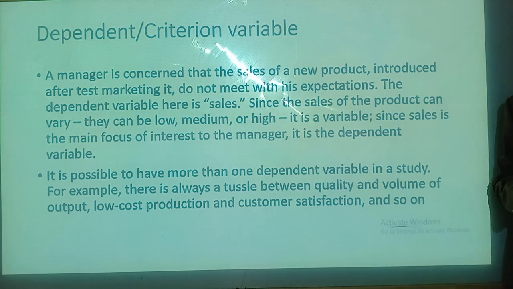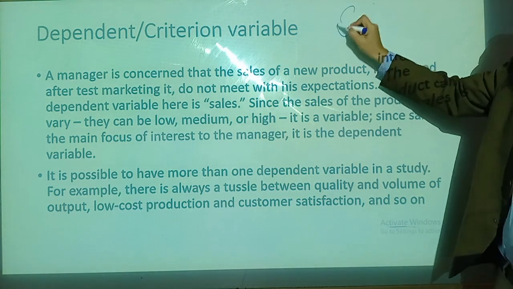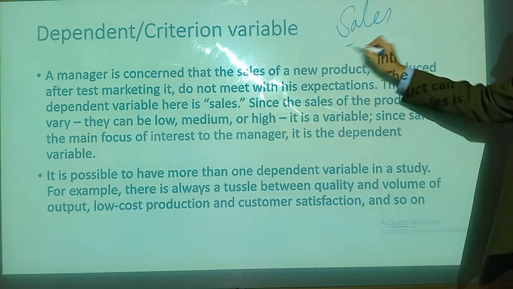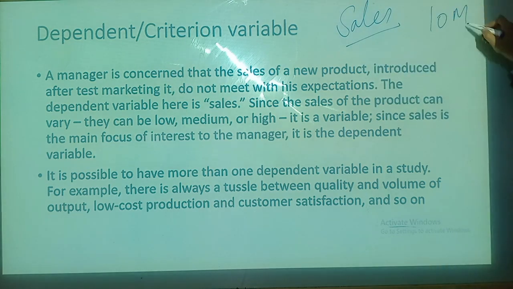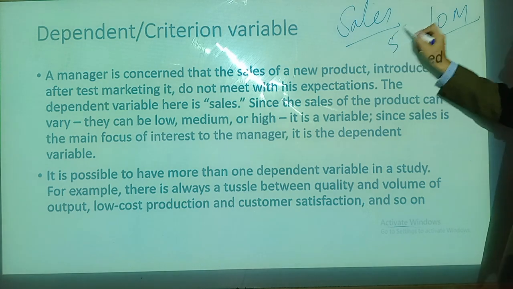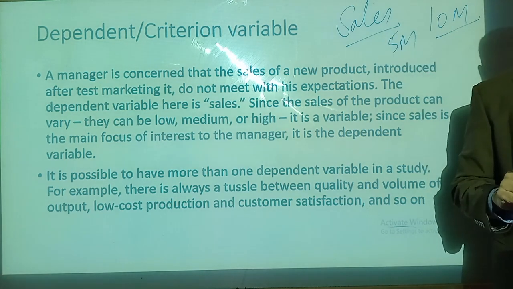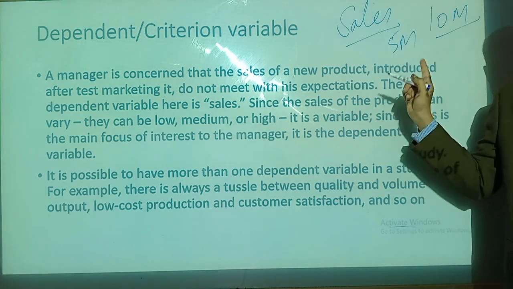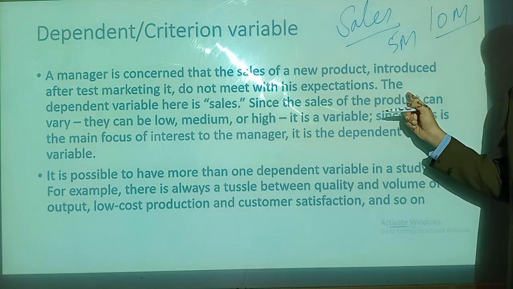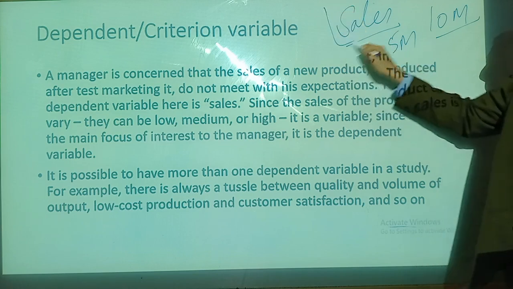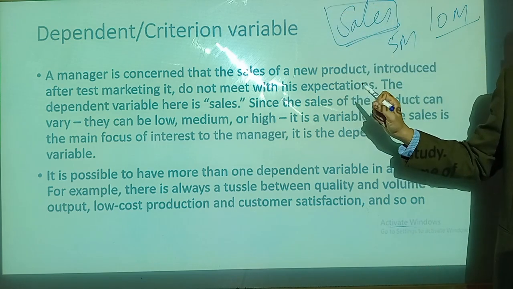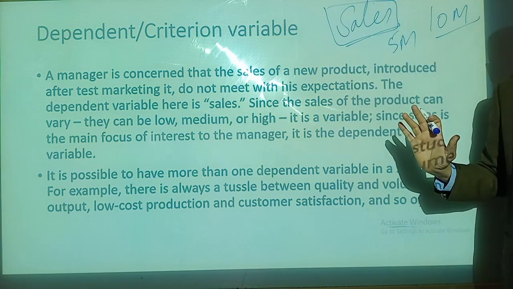A manager is saying that sales is not as per expectation. For example, the manager expected 10 million in sales, but the sales is 5 million. So this is the problem. It requires a solution. So you see, this is the main actor of our research.